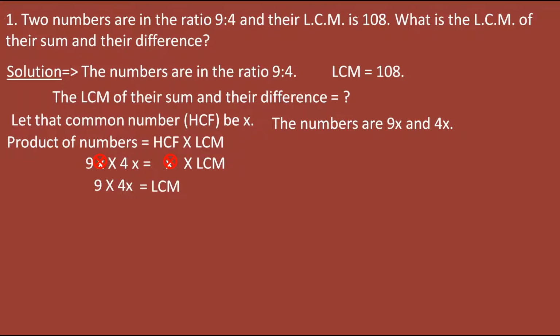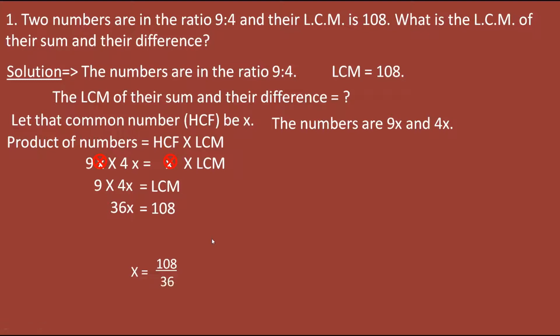Now let's put the value of LCM. 9 4s are 36, so 36x is equal to 108. Now we shift this 36 to the right side. Here it is performing multiplication, so when it goes to the right side, it will perform division. So x is equal to 108 upon 36.